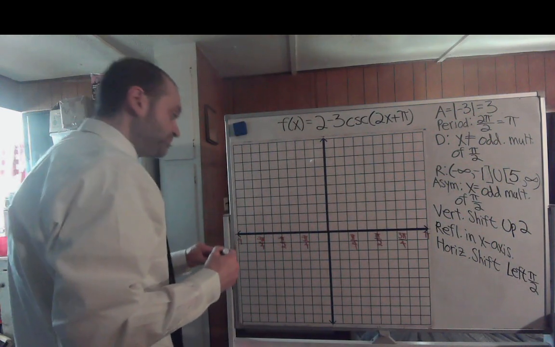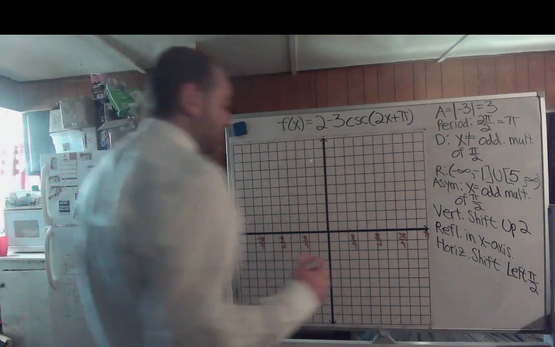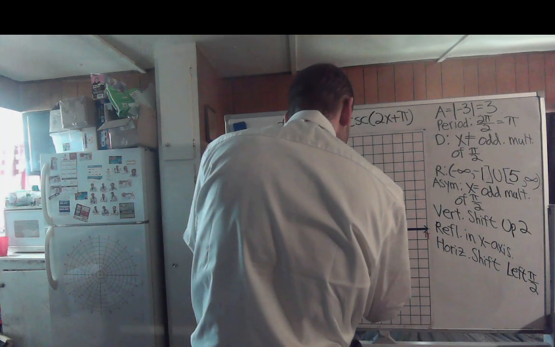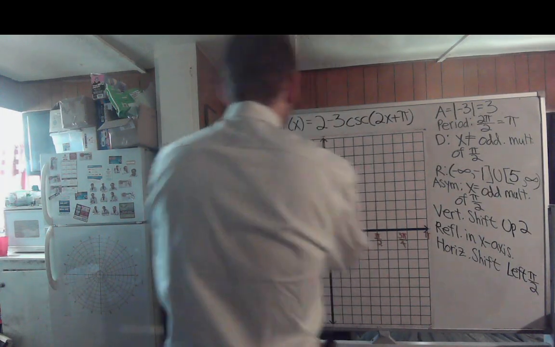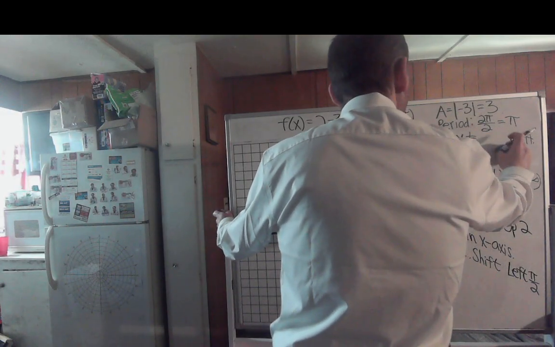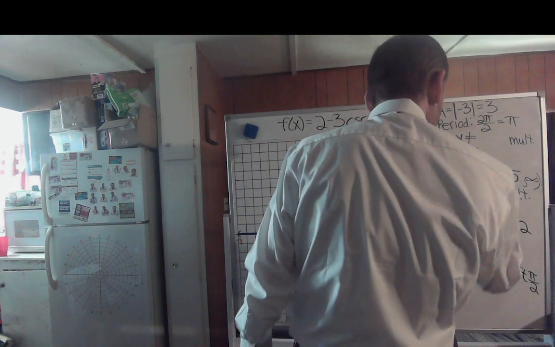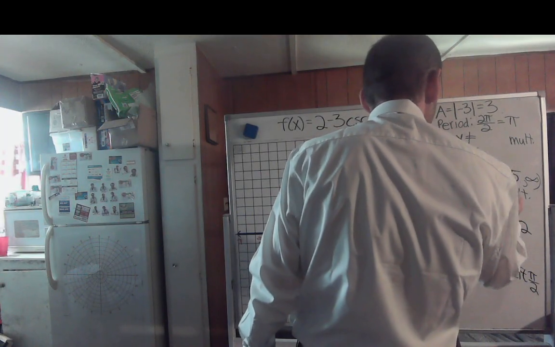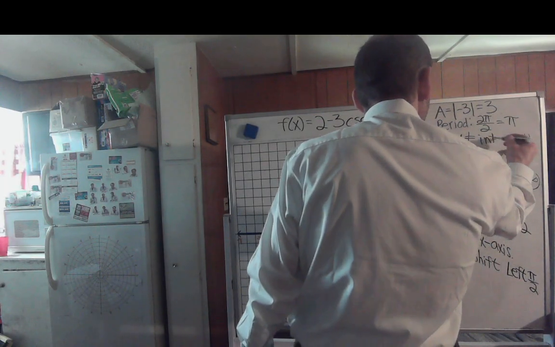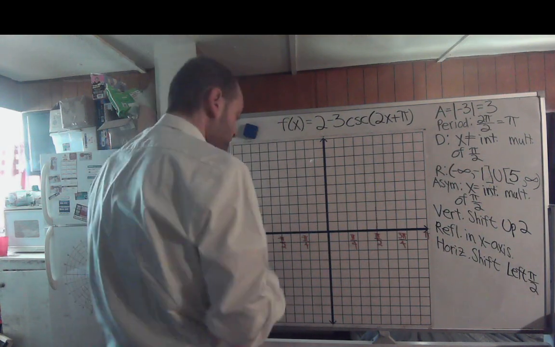All right. So let's graph our asymptotes here. Actually, it's integer multiples of pi over 2. Everything shifted to the left pi over 2, so it would be any multiple of pi over 2, whether it's even or odd, positive or negative.